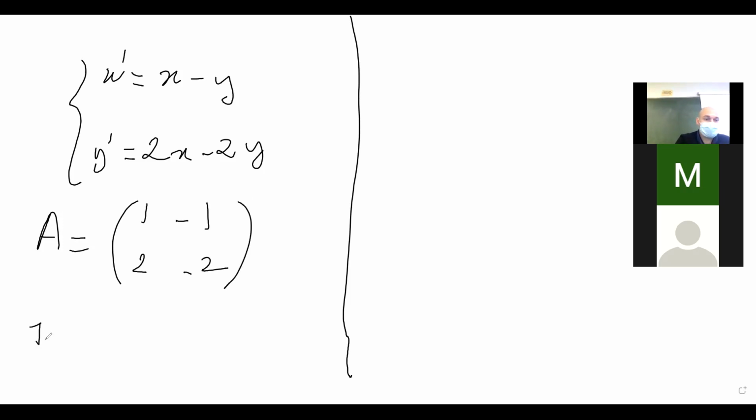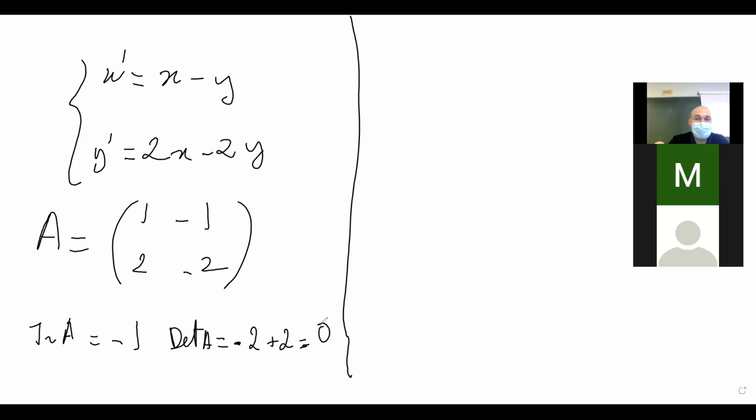So the trace is minus 1, and the determinant is 0, of course. I just said that.